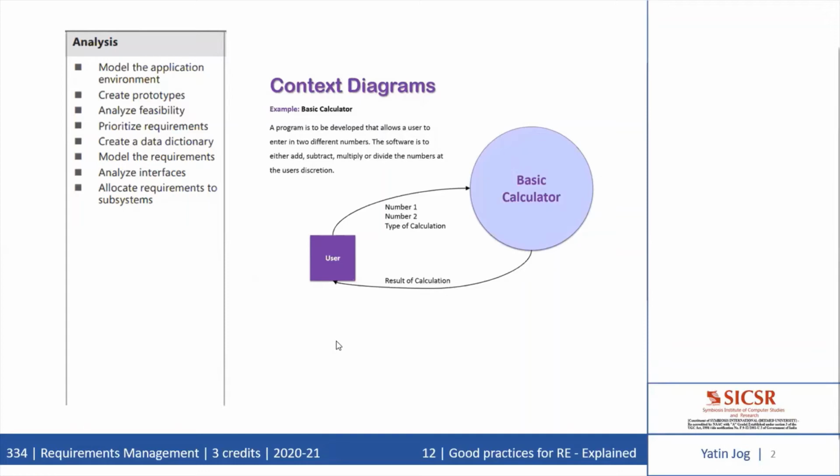The third good practice is to analyze requirements feasibility. The business analyst should work with the developers to evaluate the feasibility of implementing each requirement at acceptable cost and performance in the intended operating environment.